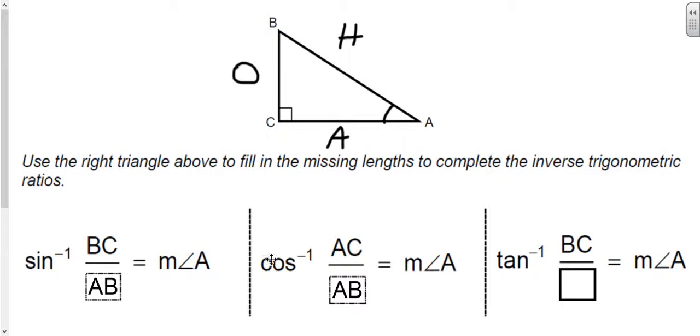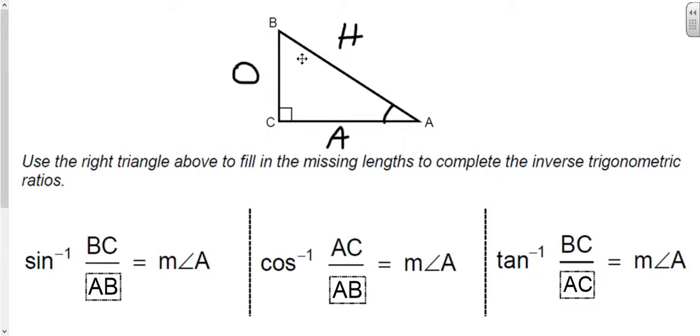If we put in that ratio into the inverse cosine, we will also get the measure of angle A. And conversely, maybe we don't know the hypotenuse. We just know how big the opposite and adjacent side is. We could still find this angle by using inverse tangent. It depends on which sides you have, which trig function or inverse trig function we use to find the angle. So tangent was opposite, which is BC, over adjacent, which is AC, and that's the ratio we'd put in there to find the measure of angle A.